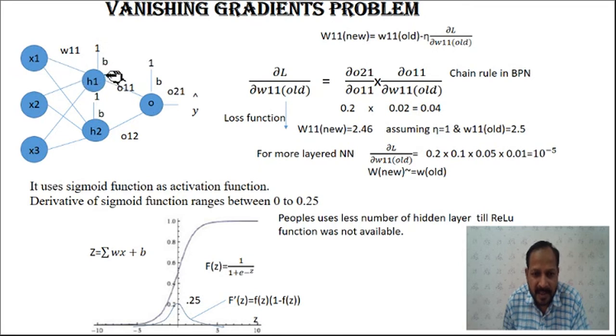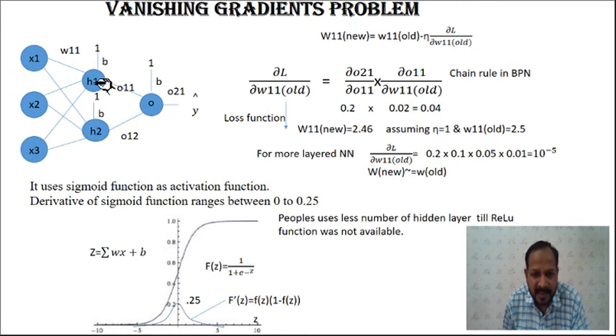First we have to calculate the net input for H1 before calculating the output. The net input for H1, given as Z, equals sigma Wx plus B. Sigma Wx is x1 into W11 plus x2 into W21 plus x3 into W31 plus its bias input.